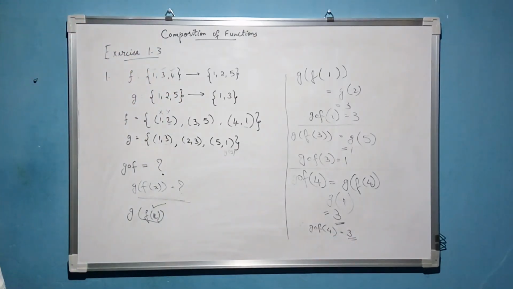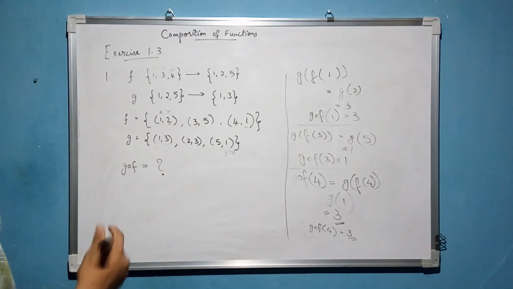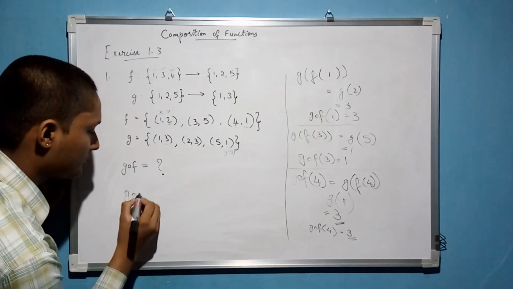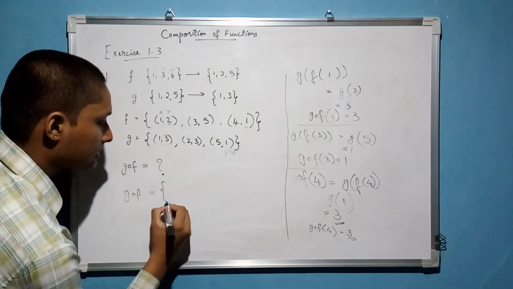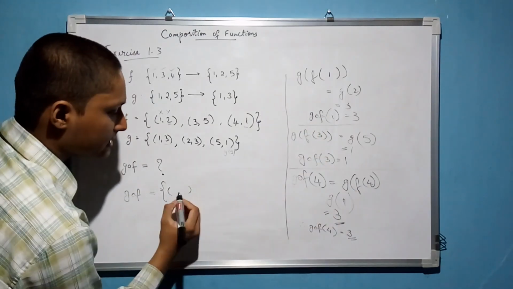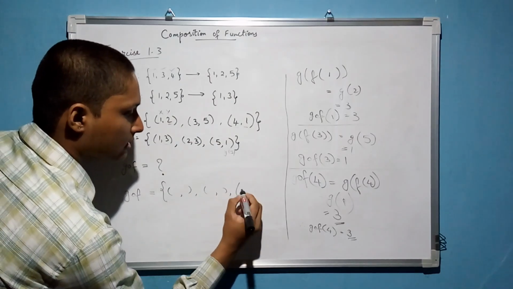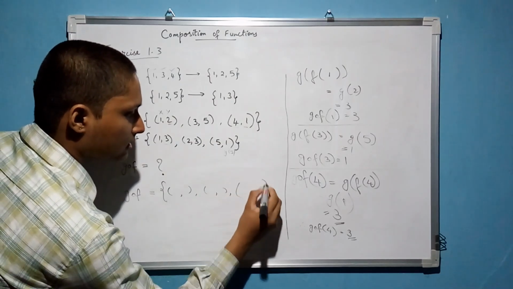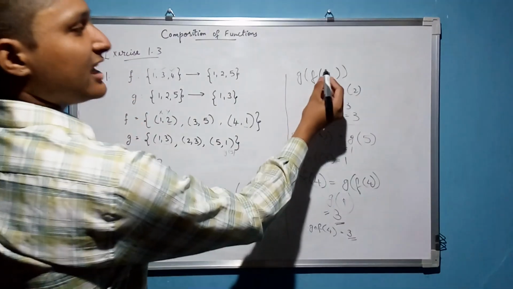Let me write this in roster form here. What is g dot f as a function? G dot f is equal to the set containing three elements. The first term: what is the input here?